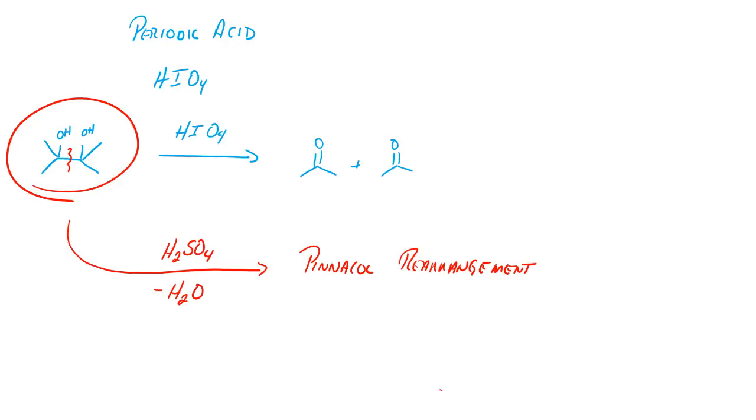I don't need you guys to know the mechanism for any of these. They're fairly complex and very specific, although, as I mentioned before, you do know the individual steps. We have seen the individual steps. It just might be a little more challenging with some of these more complex transition metal-based reagents.